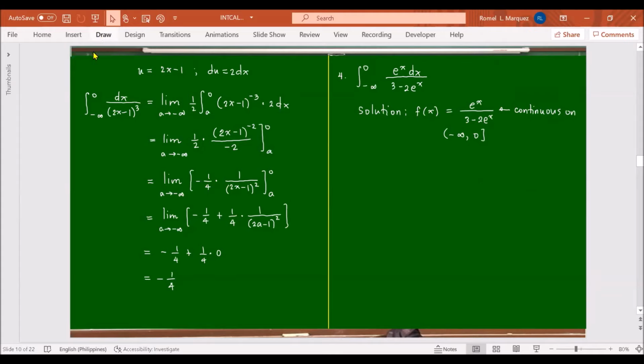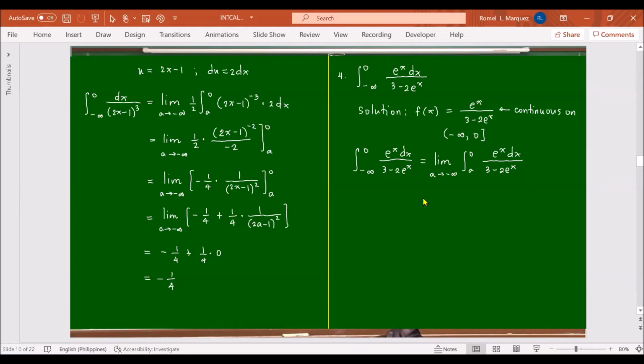So hence, we can proceed. The integral from negative infinity to 0 of e to the x dx over 3 minus 2 e to the x is equal to the limit as a approaches negative infinity of the integral from a to 0 of e to the x dx over 3 minus 2 e to the x.